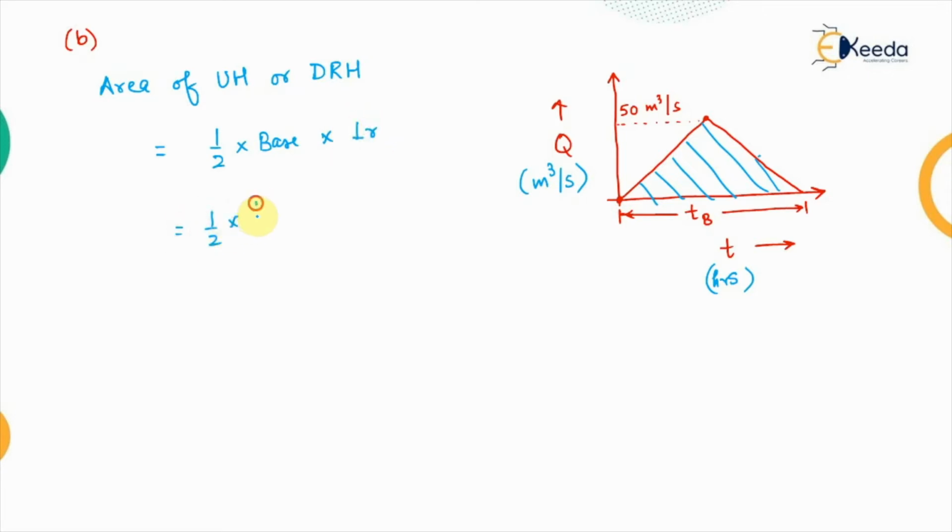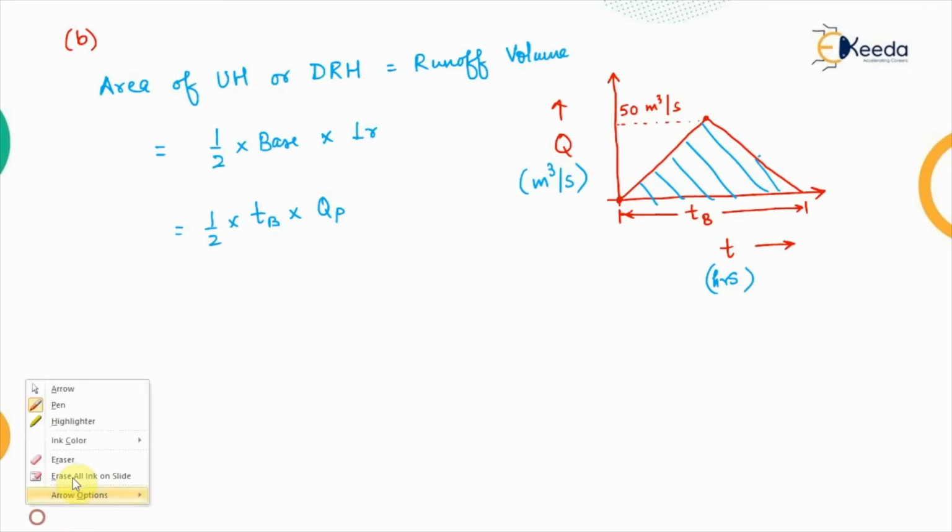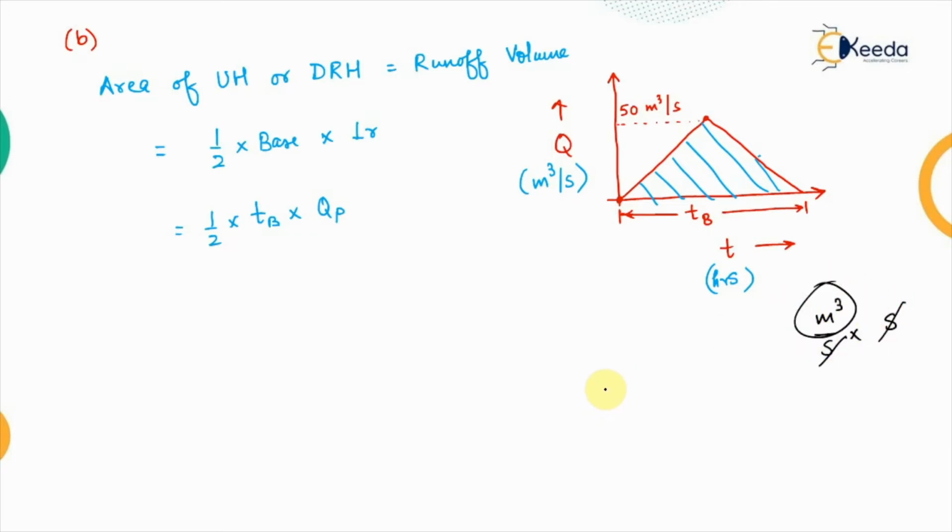From here, half into base is the TB value, into the perpendicular value, which is the peak discharge. Now this area of the unit hydrograph or the DRH is equal to the runoff volume. That means the total volume of the water which is flowing in that catchment area, because cubic meter per second into the second value will give us the value of the volume, and that volume corresponds to the water in the entire catchment area, which we call the runoff volume.